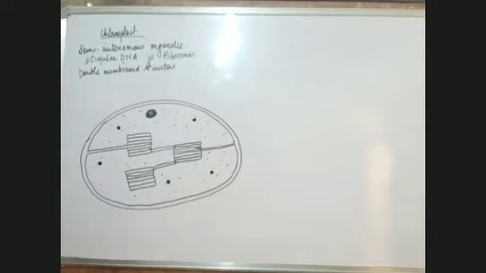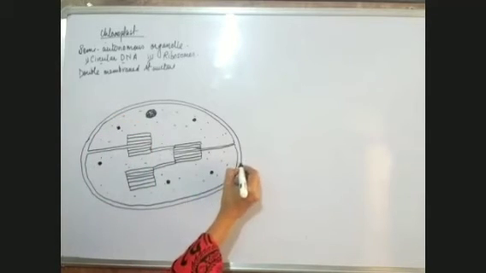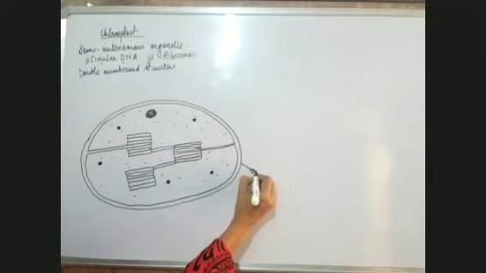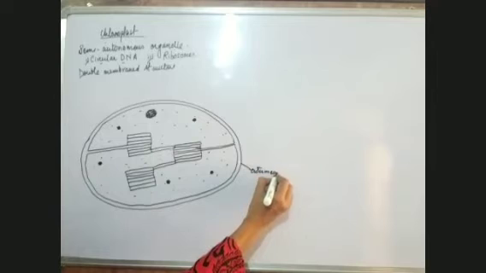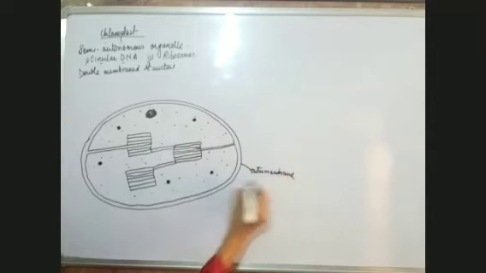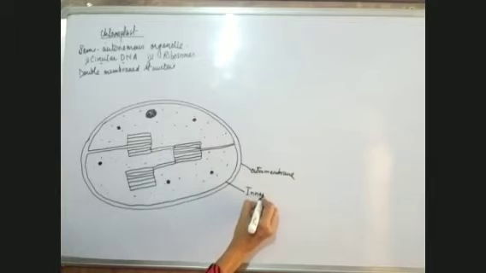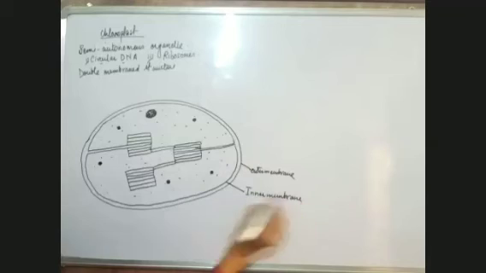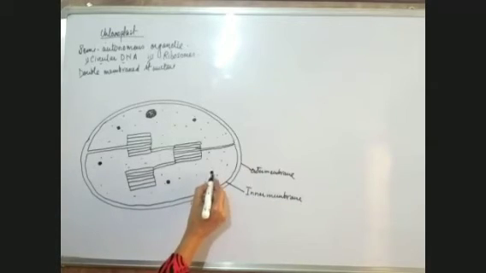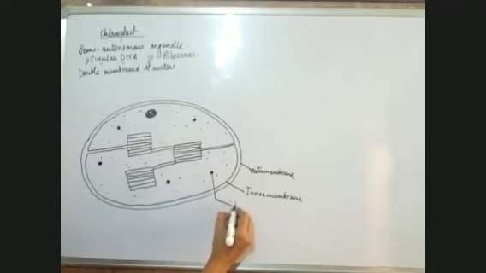Okay, so how are we going to label it? This is the outer membrane. This is the inner membrane. Outer membrane, inner membrane. Then we have these ribosomes.